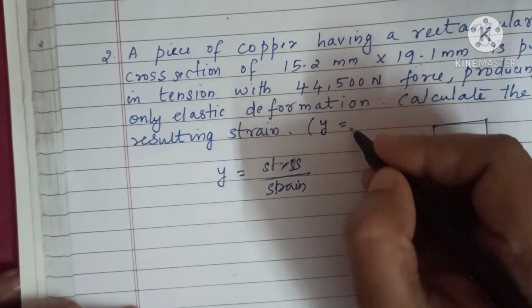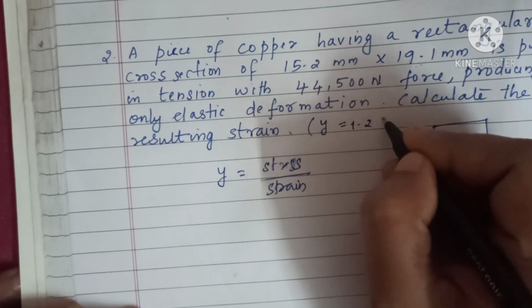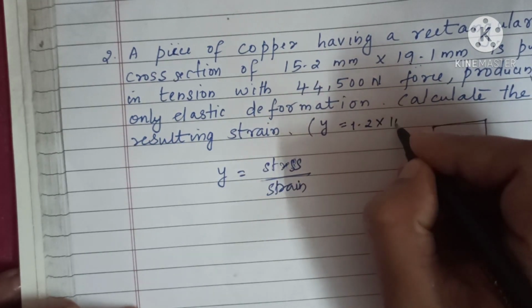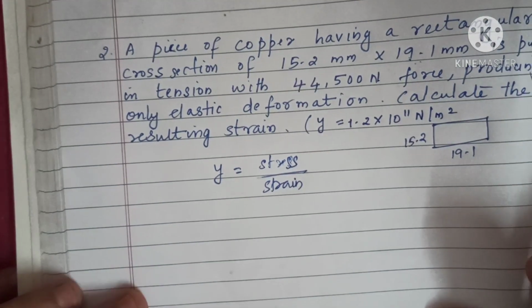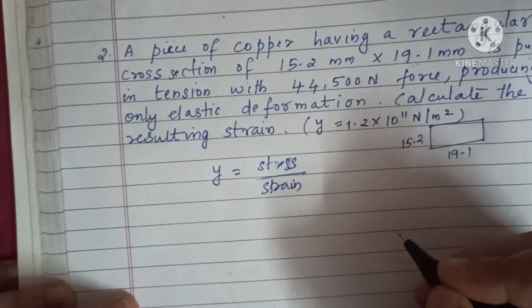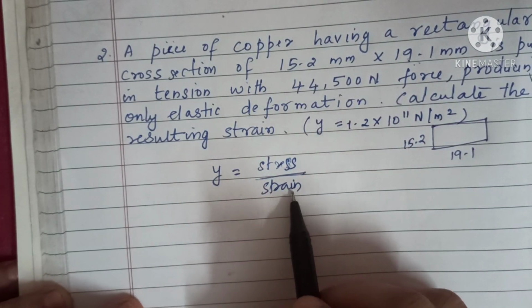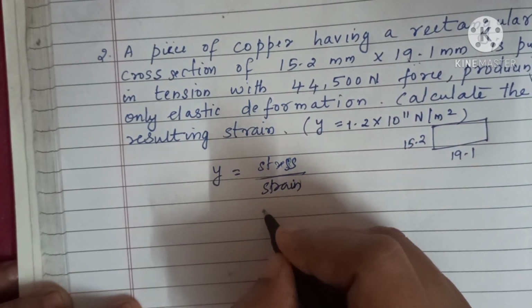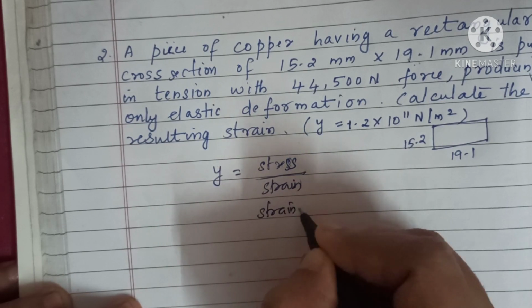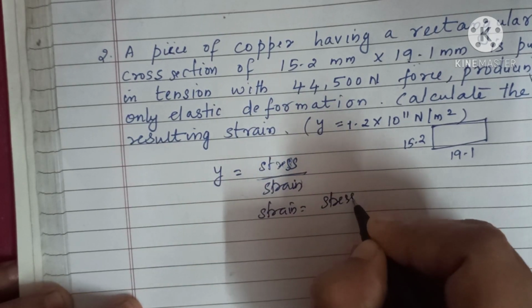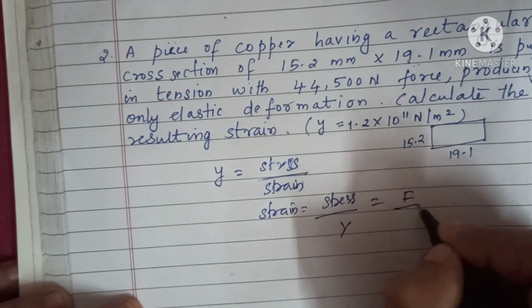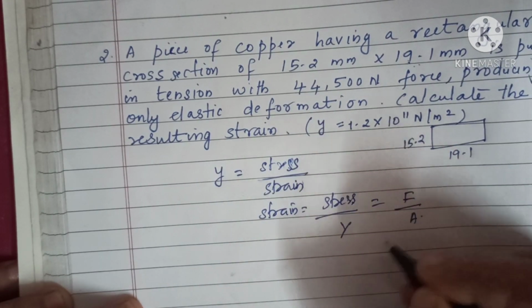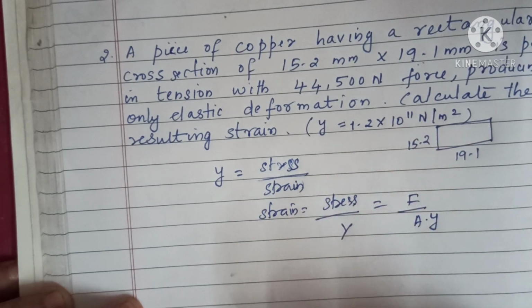It is 1.2 into 10 power 11 Newton per meter square. So here we want to find the strain. So what is strain? Strain is equal to stress divided by Y. Clear? So stress you know, F by A, and Y is there. So F by A into Y.